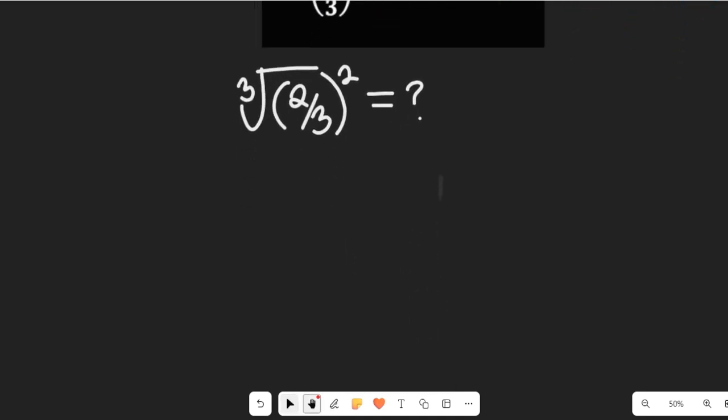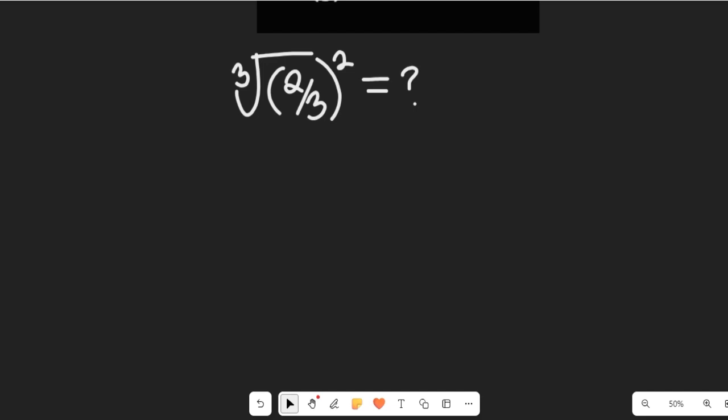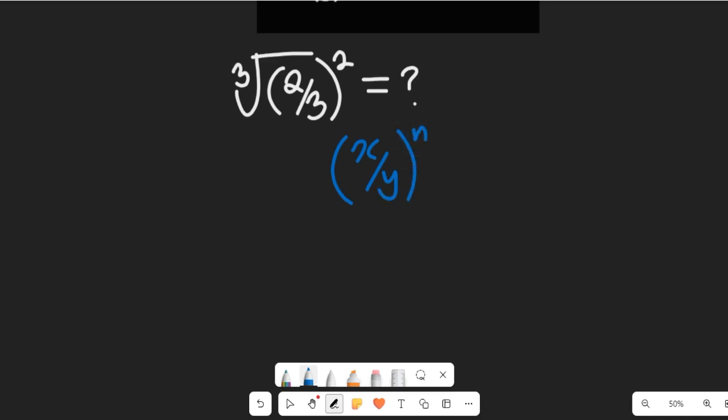Now let's look at this. In the next step, we're going to simplify. Now recall another law of indices. Remember, I told you we're going to be applying the rules of indices. If you have (x/y) all to the power of n, this is simply equal to x to the power of n divided by y to the power of n. We can separate the index.